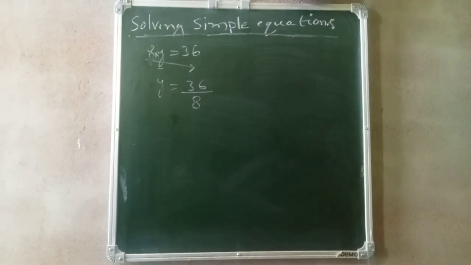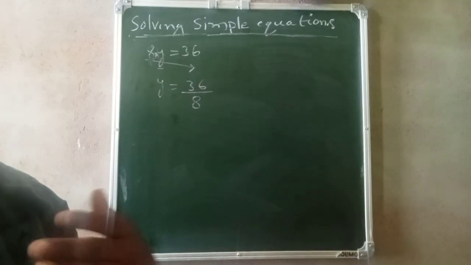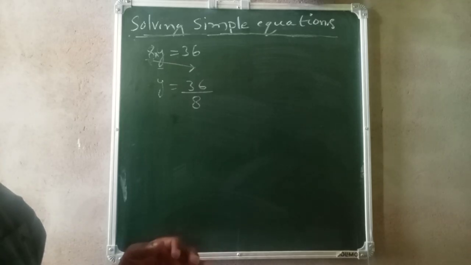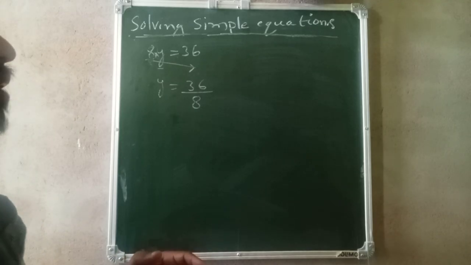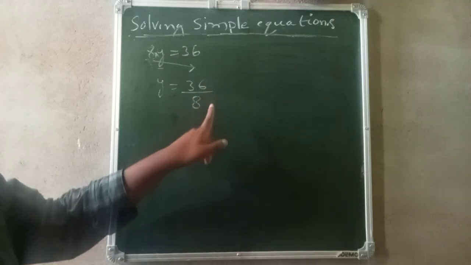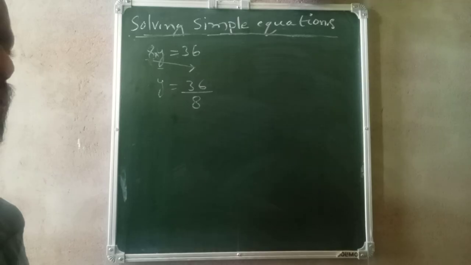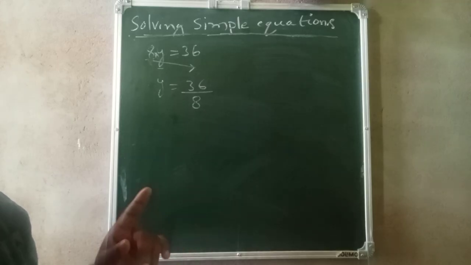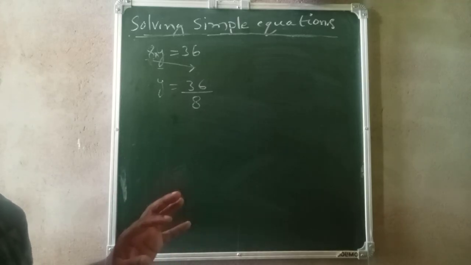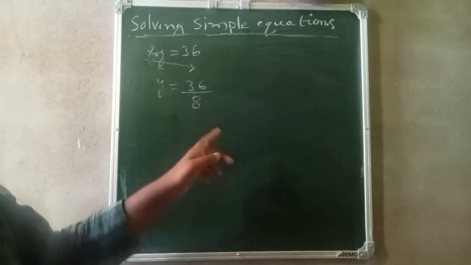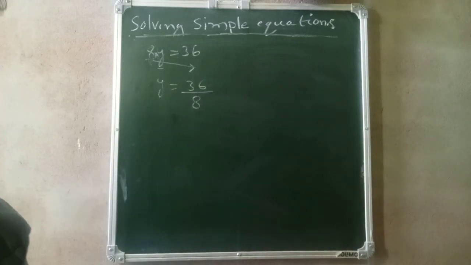Now you think about a number that can divide both 36 and 8 completely. Just think which number can divide both 8 and 36 completely.